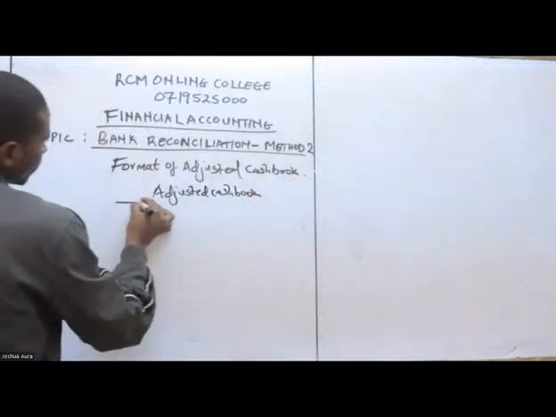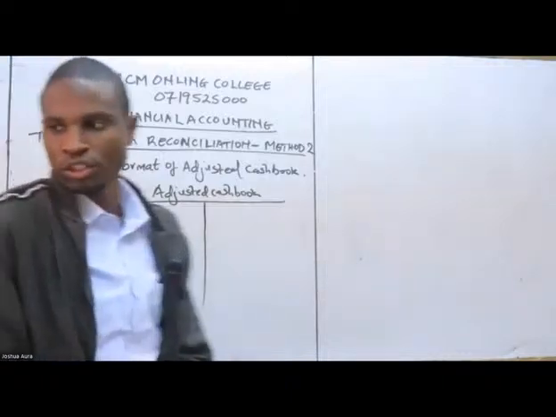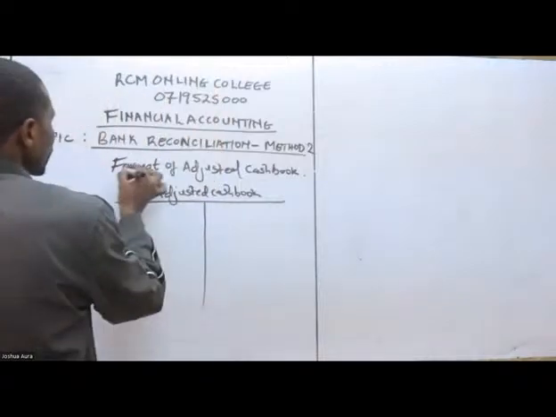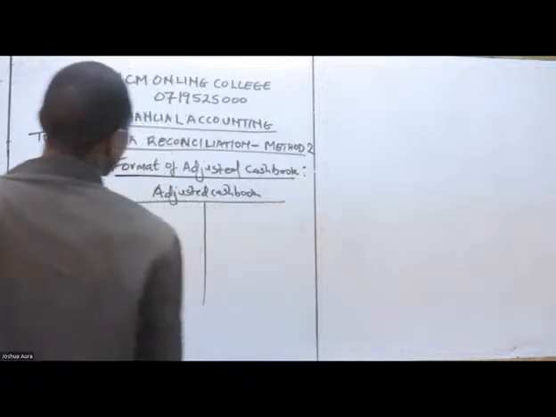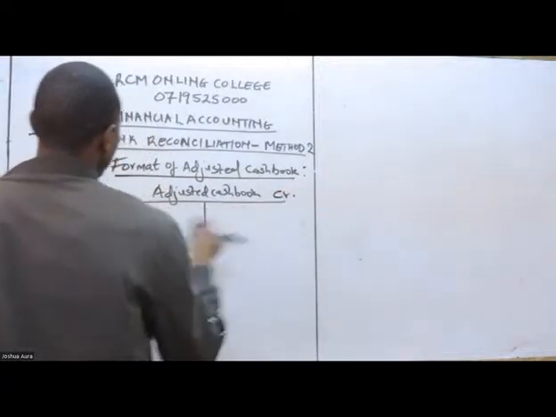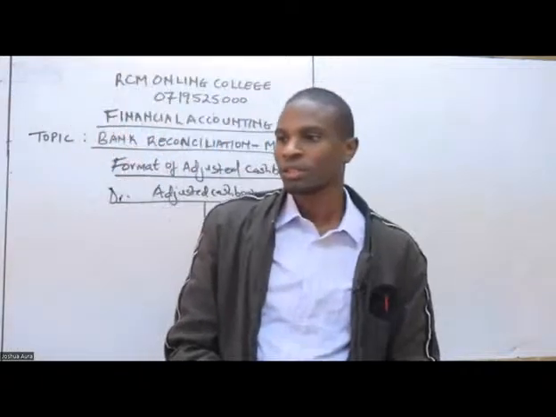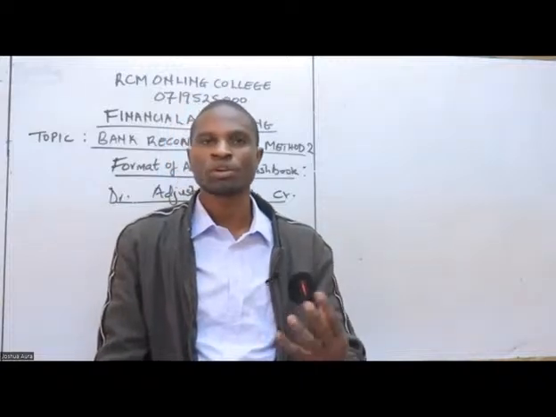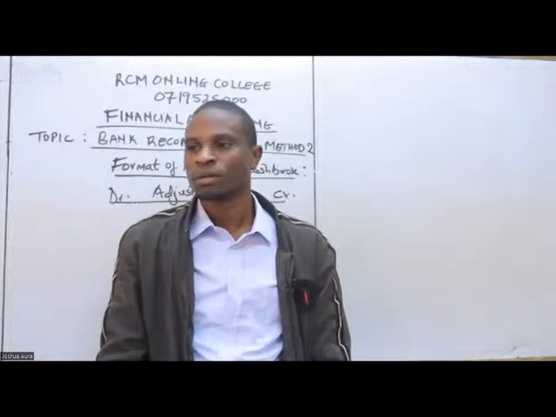So let's see the format. We shall use a T account as usual. This is the credit side, this is the debit side. We usually have a balance from the previous period or previous month, and that balance is always debited.